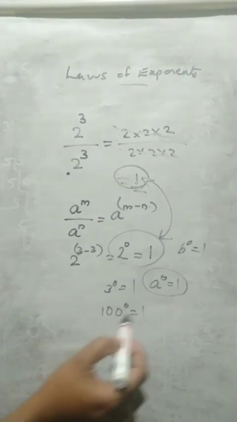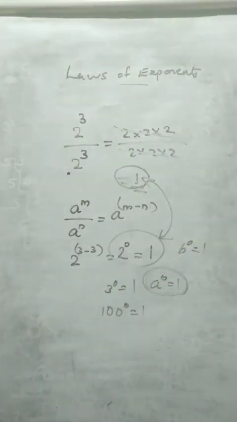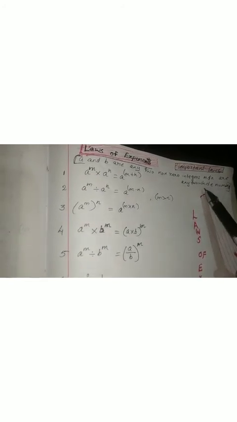Then these are the laws. Actually, these are the laws of exponents you have to learn. These are important laws. If a and b are any two non-zero integers, and m and n are any two whole numbers, where whole numbers are 0, 1, 2, 3, 4 and so on, then a and b will not be 0.